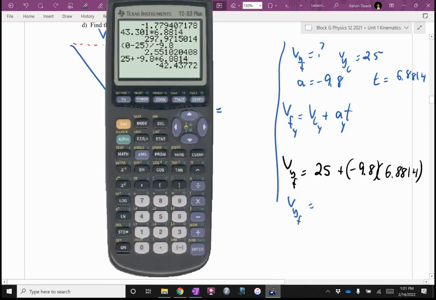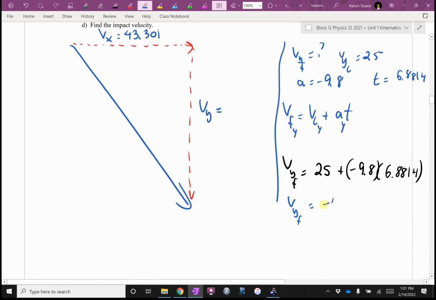Negative 42.438. And so I can put that on my diagram, 42.438. Mr. Duke, where's the negative? Right here in the arrow pointing down. That contains the negative because down.